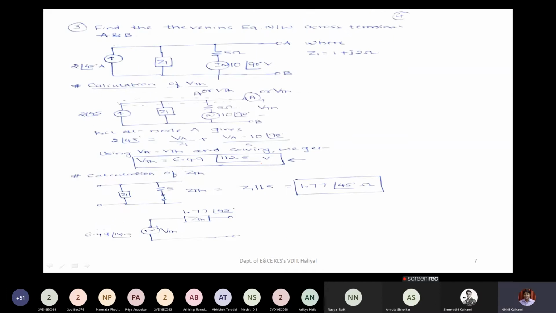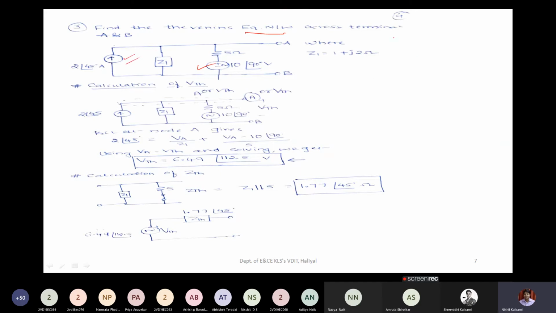Next one. Again the same thing, you have to find the Thevenin's equivalent network across the terminals A and B only. If you look into this problem, what is the speciality here? Now we have one voltage source as well as a current source.